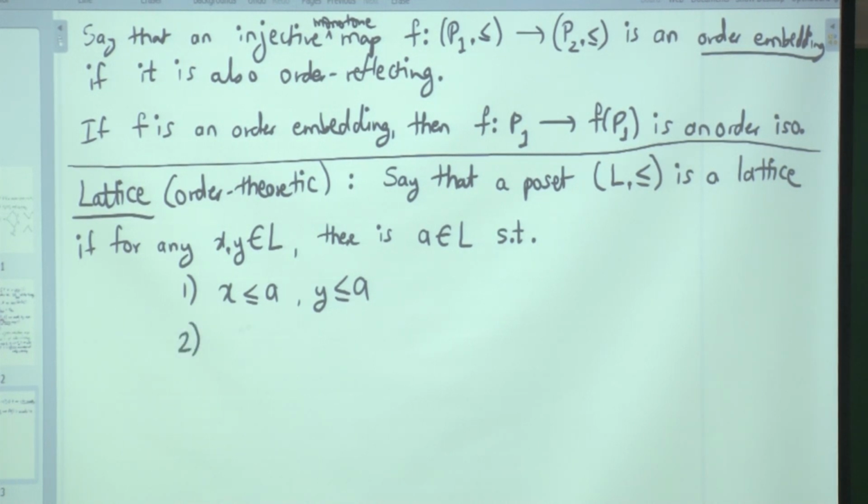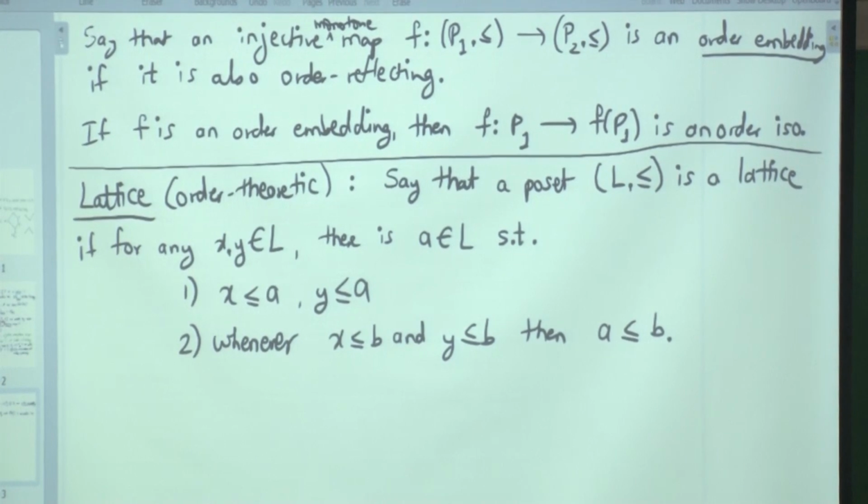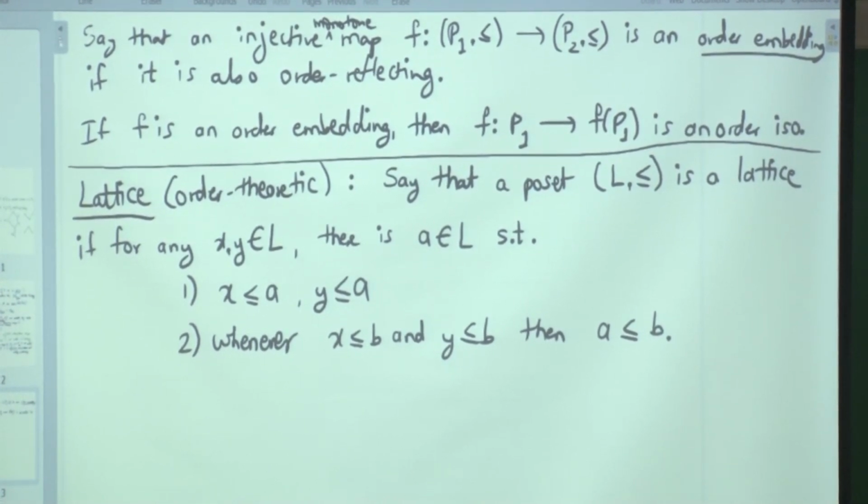And second thing, whenever x is less equal b and y is less equal b, then A is less equal b. So it is the least upper bound. So amongst the common upper bounds of x and y, A is the least one.